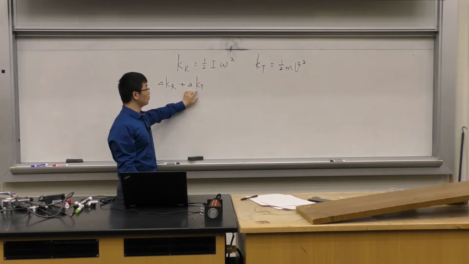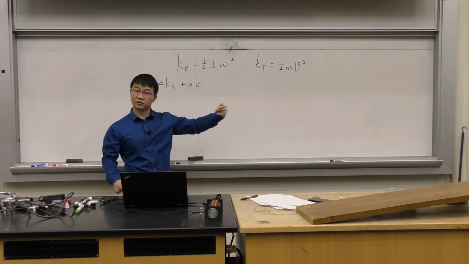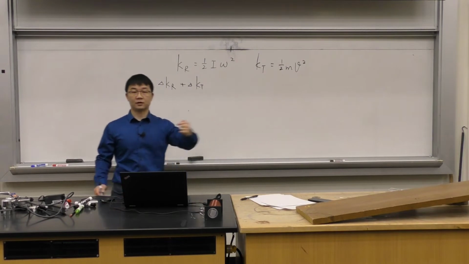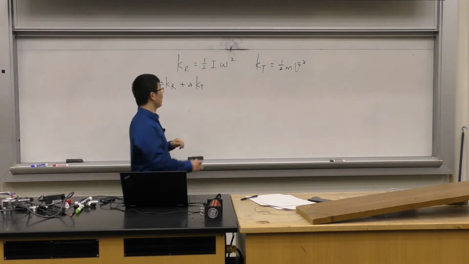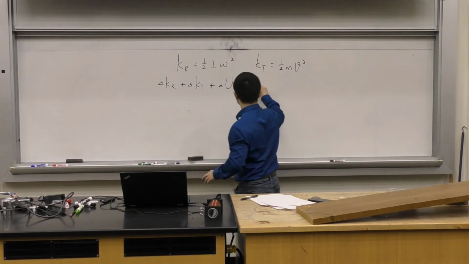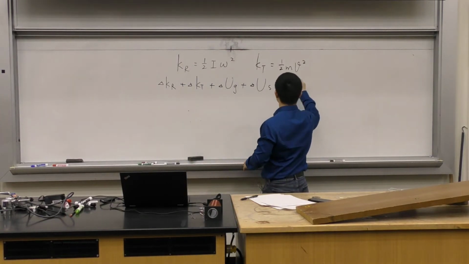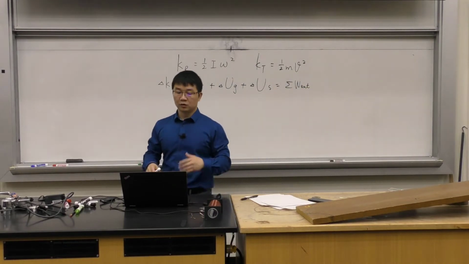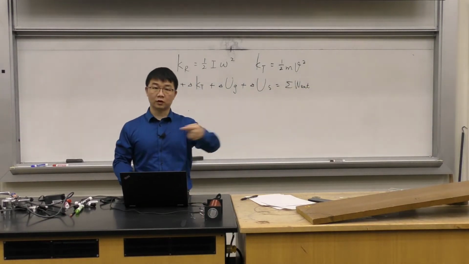But when something's rolling, it's also moving in a straight line. So it still has this 1/2 mv squared. So don't forget that term. And then you will still include gravitational potential energy, elastic potential energy, and external work. That's the only difference between a rotating object and a rolling object.